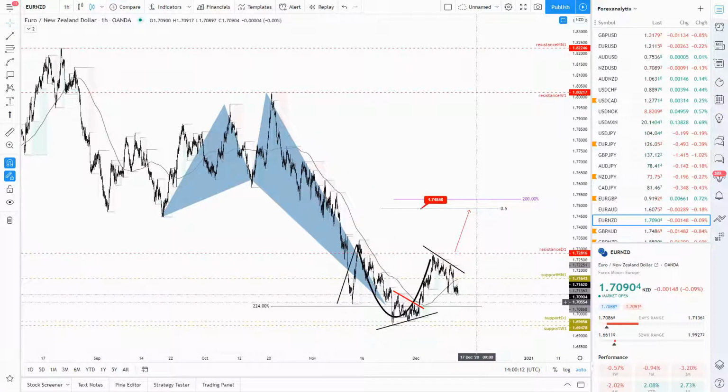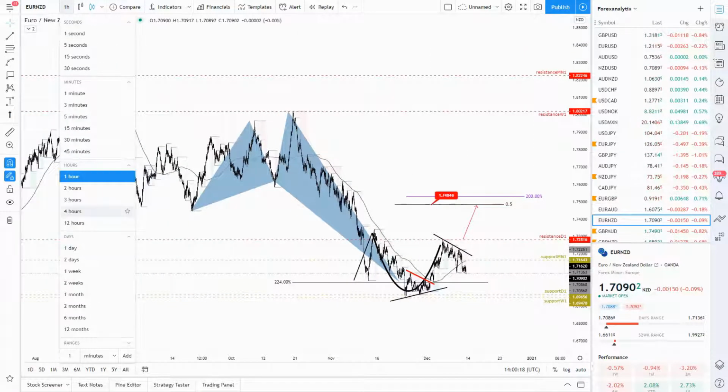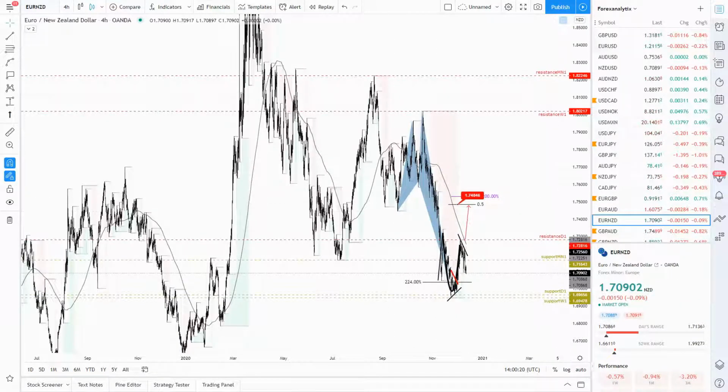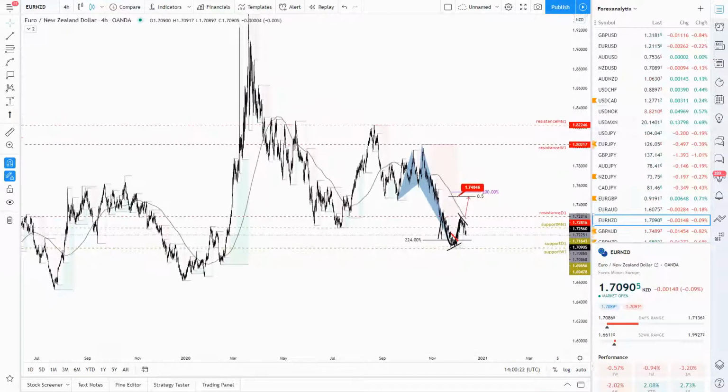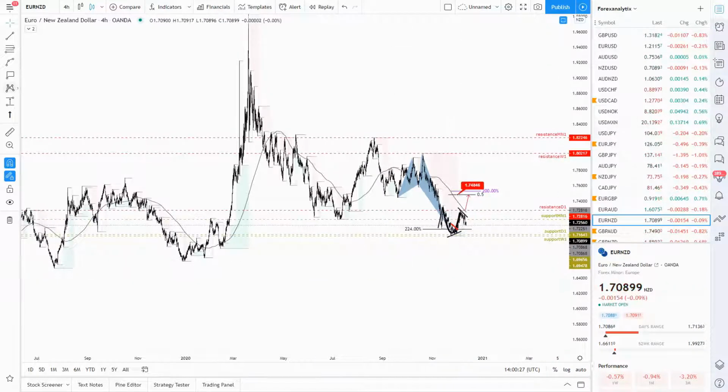Eventually we are forming the right shoulder, but I will not be surprised to see more downside momentum for Euro versus the New Zealand on a 4 hours time frame. If I need to start to project patterns below that daily and weekly fractal, man, this will be extremely aggressive.